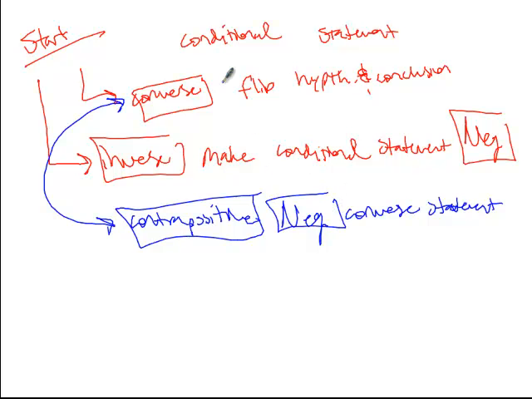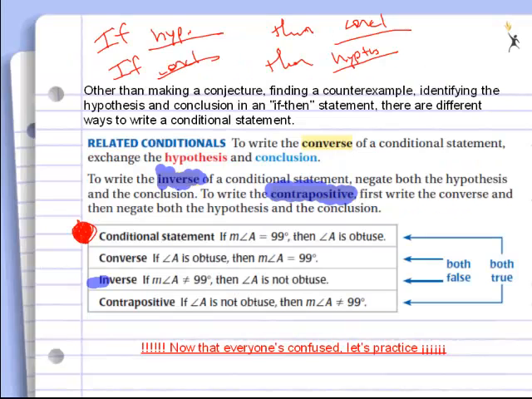I take the hypothesis and the conclusion in the converse and just make them negative. So the converse reads, if angle A is obtuse, then angle A is 99 degrees. The contrapositive is just that statement negated. If angle A is not obtuse, then angle A is not 99 degrees.